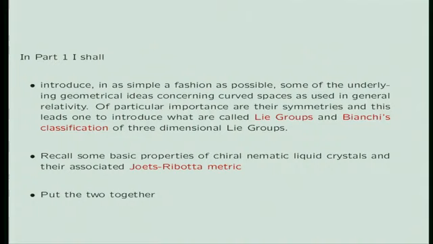Then I'm going to recall some basic properties of chiral nematics, and there's a metric associated with the chiral nematic, which I at least found in the papers of Joets and Ribotta, which is basically biaxial, well, I call it biaxial anyhow. Maybe one should call it uniaxial, but it's basically the metric which will happen if you have a medium where there's a preferred direction but rotational symmetry around that preferred direction. And I'll try to put these two together. So that's part one. I'll tell you what part two is supposed to be when we get to it.